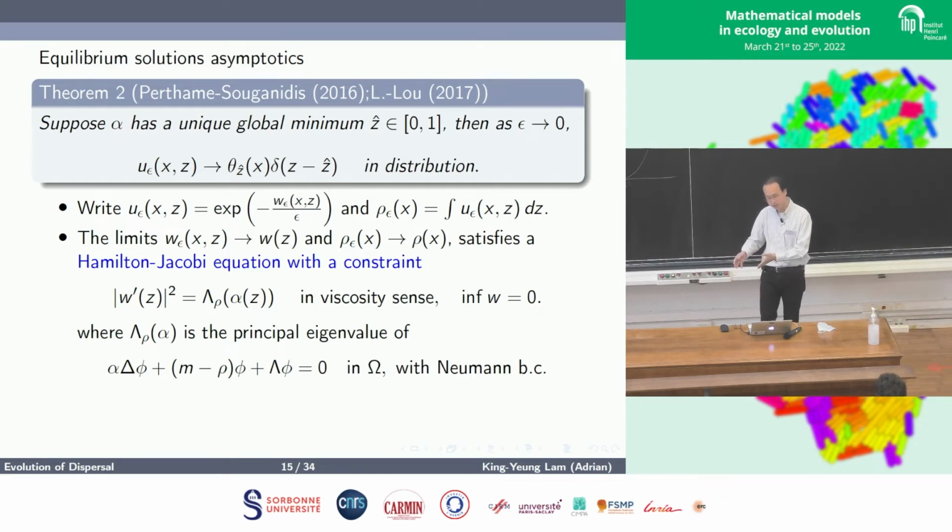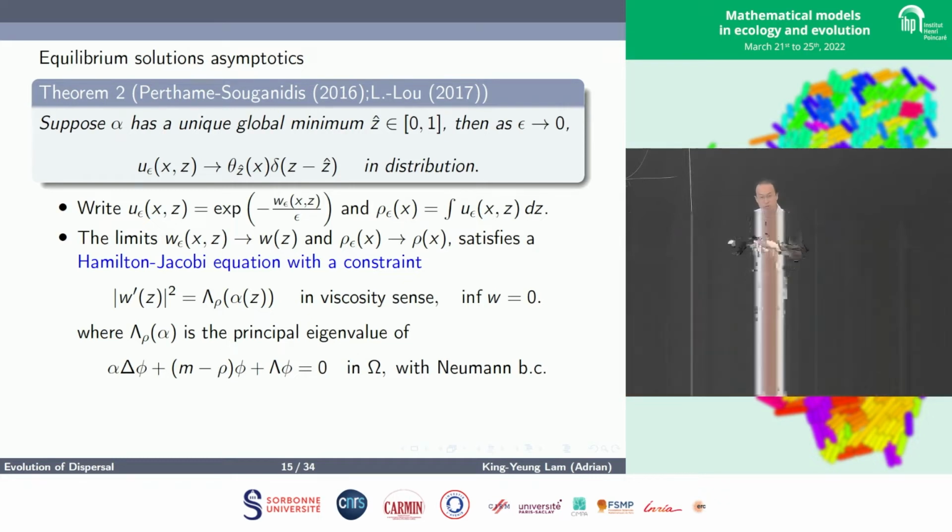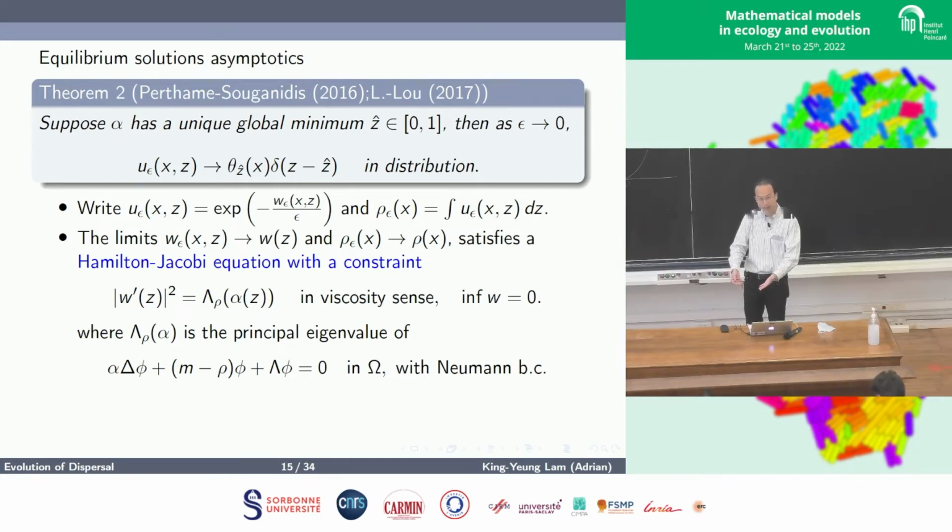The resident population has a spatial distribution rho. If you are type z, then your effective fitness is some kind of average in space, and what kind of average depends on the diffusion. So the effective fitness is given by the principal eigenvalue of an elliptic eigenvalue problem, where the environment is m minus rho, whatever the population distribution is.